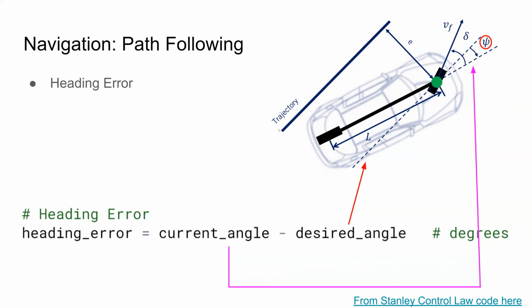So let's say this is point A and this is point B. The code would pre-calculate that heading angle or desired angle, and then it would just have that saved in its memory. And then the current angle is read from the magnetometer, and then all you have to do is just subtract the two. It's pretty simple.